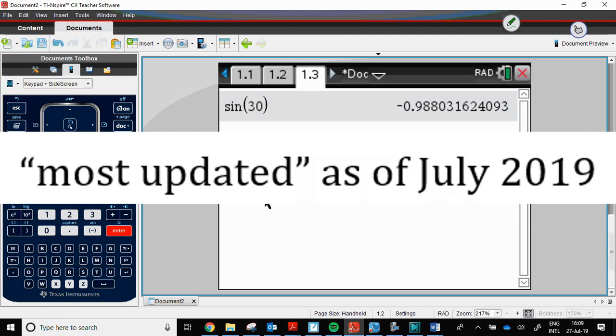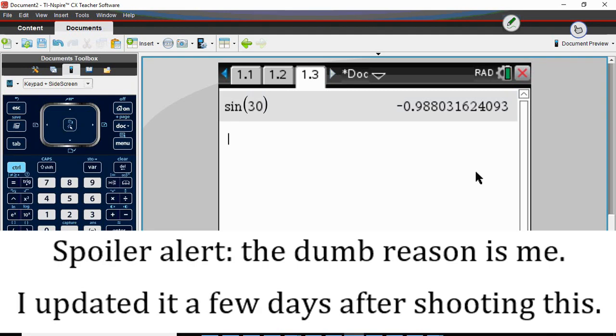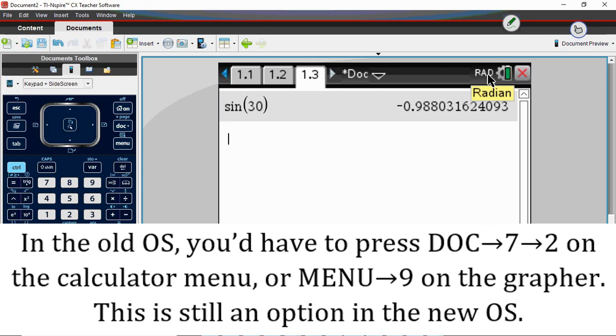I currently don't have the most updated operating system on my computer for some dumb reason, but on your handheld, you should just be able to scroll the mouse right up here where it says RAD, click it once, and through the magic of jump cuts, it will change into degree mode. And now, when I type that same thing in, I get the 1/2 that I was expecting.